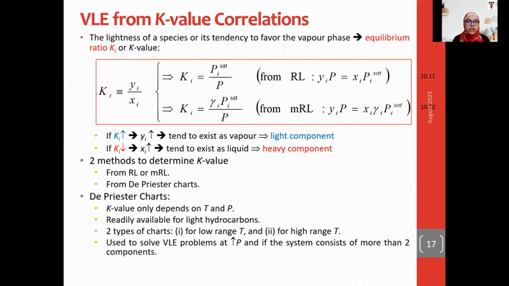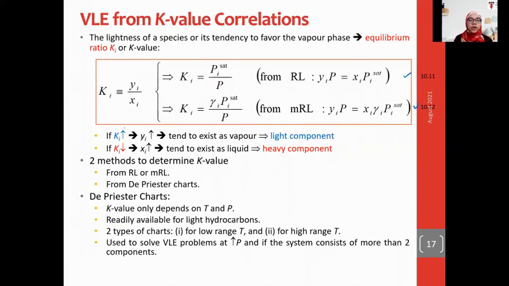The correlation is K_i equal to y_i over x_i. We can also rearrange it using Raoult's law or modified Raoult's law, giving K_i equal to P_i saturation over P, and for modified Raoult's law, K_i equal to gamma_i P_i saturation over P.